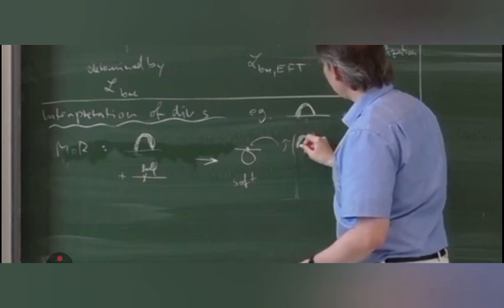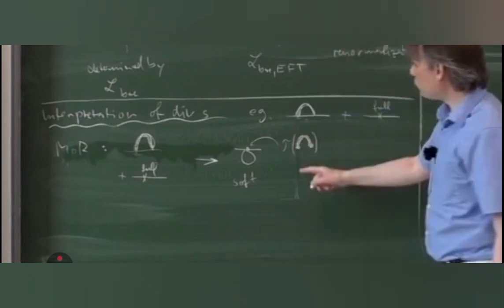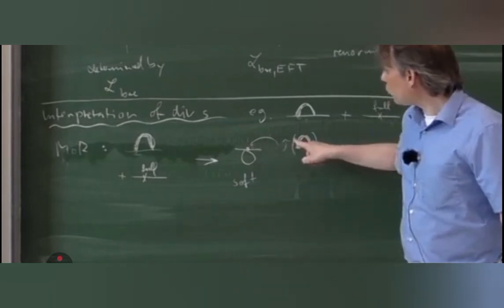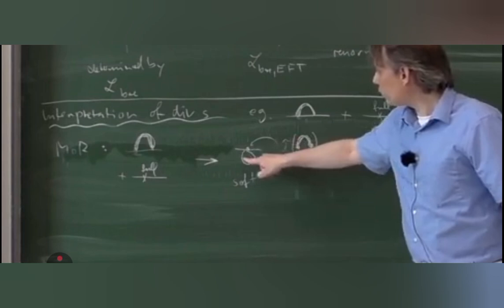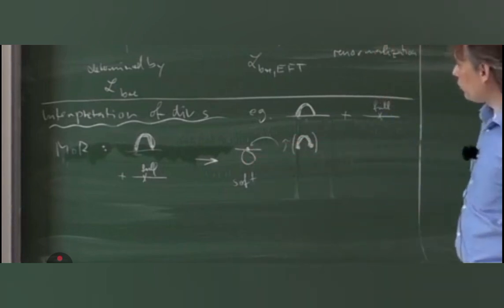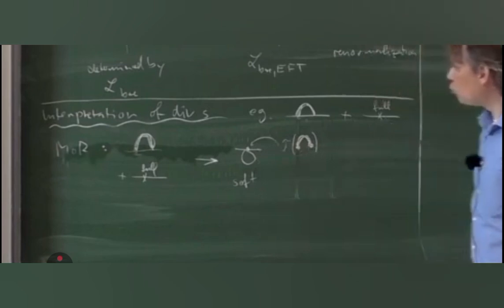We do a Taylor expansion of the heavy line with respect to its external momenta and light masses. That becomes a local vertex which goes here, and then we have a loop with a light particle only. Okay, and this is an explicit EFT one loop diagram.